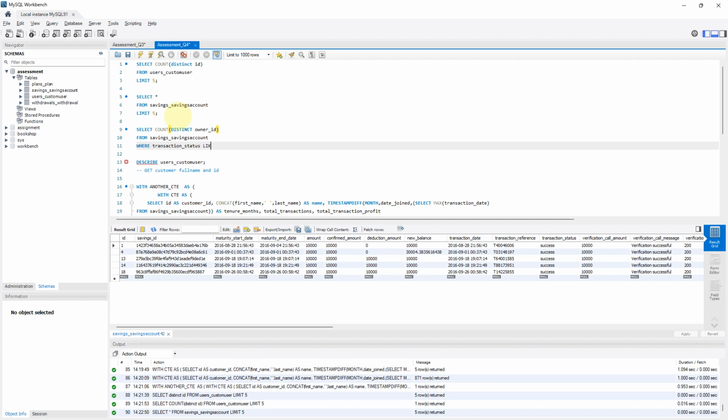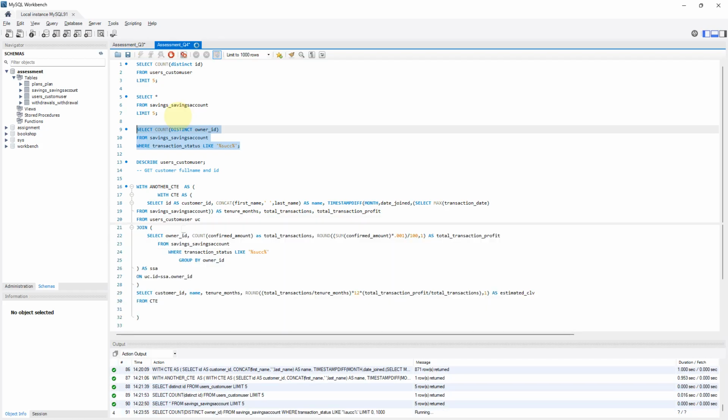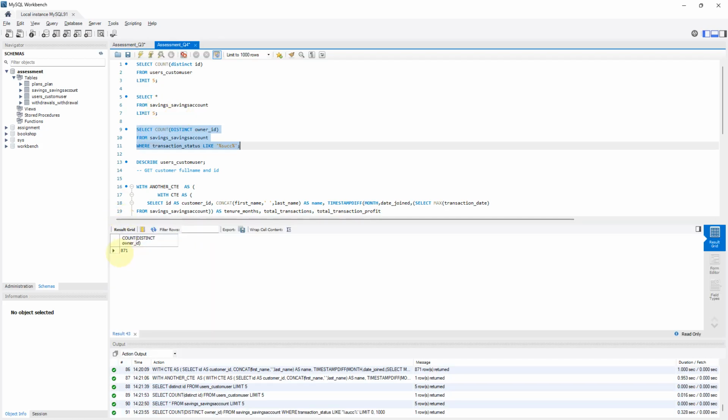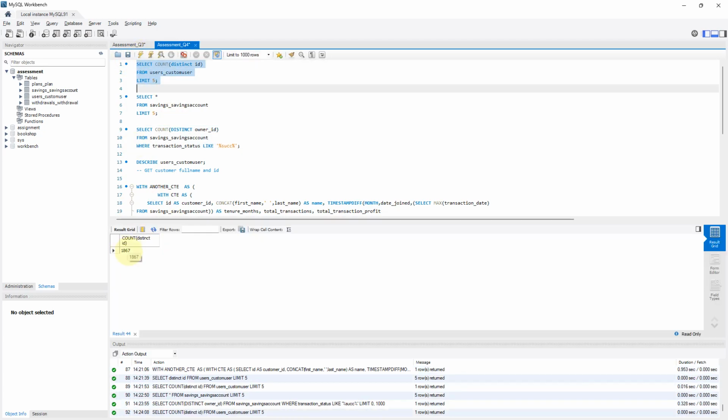I just want to see if I did the right thing, just as a way of confirmation. So I'll just run this and see. Oh, so again, only 871 clients or customers from the 1000 867 did a transaction that was successful. So I think this is fine for me personally.